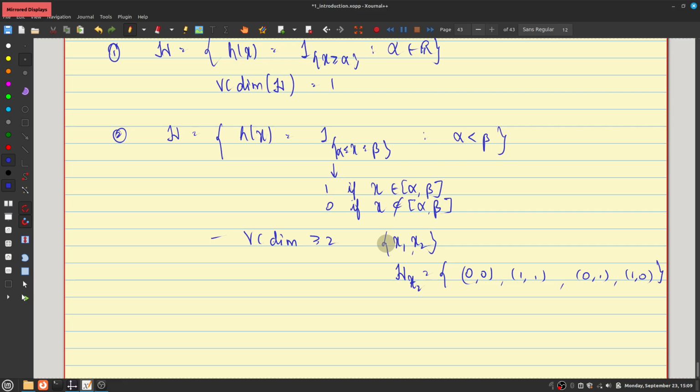Would that be extensible to a larger number, like even if I had 3 elements, x1, x2, x3? By varying my alpha and beta, can I still map to every binary combination? Again, all you can change are alpha and beta in this case. So let's look at the following case.